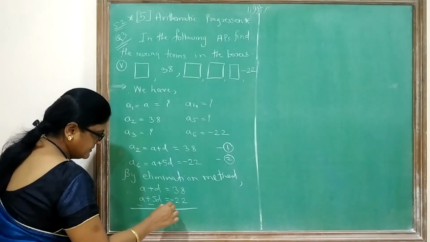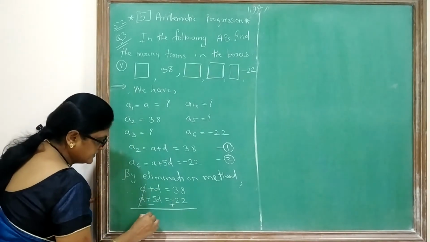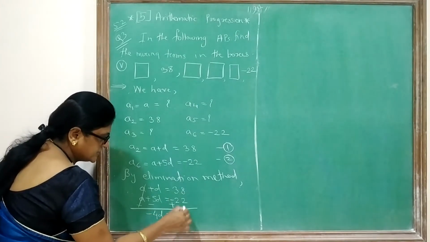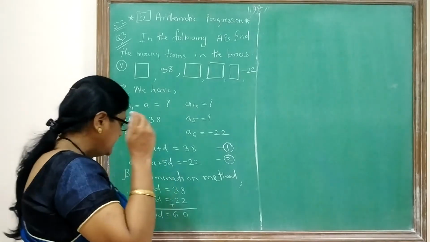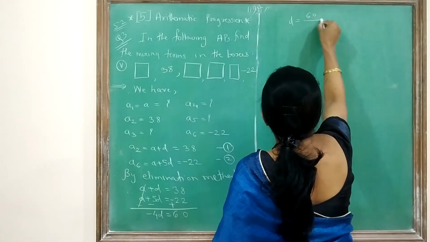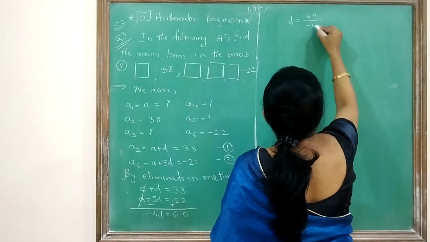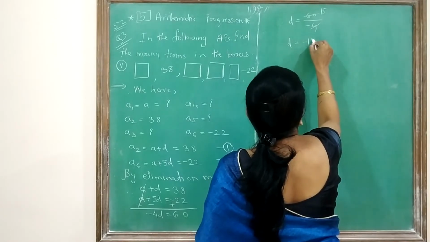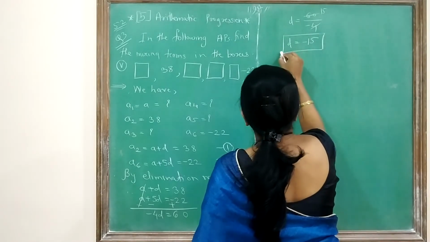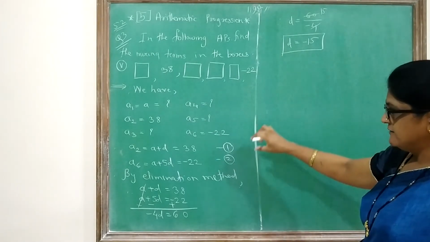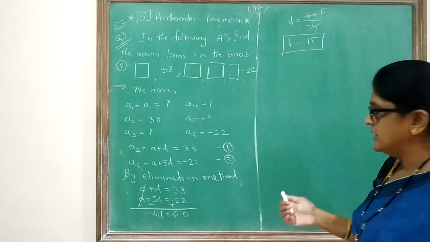Here minus, here plus, they are cancelled. Here minus 4D equals 38 plus 22, that is 60. That is D equals 60 divided by minus 4. Then 4 1s are 4, 4 15s are 60. That is D equals minus 15. And this is your D value. Then put this D value in equation 1, and you will get the A value.